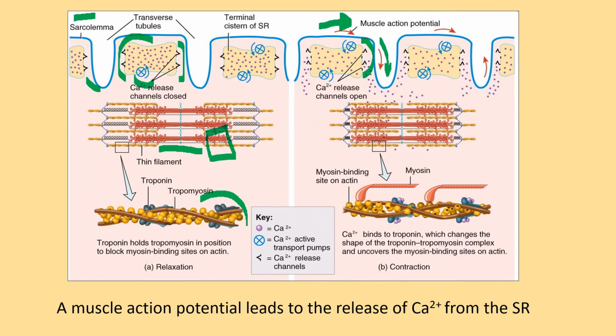When it's in the cytosol, calcium will bind to troponin, and that tropomyosin will rotate out of the way, exposing the myosin binding sites, and oh look, there are cross bridges. Cross bridges have formed, the contraction cycle has started, and that's where we're going to go next.